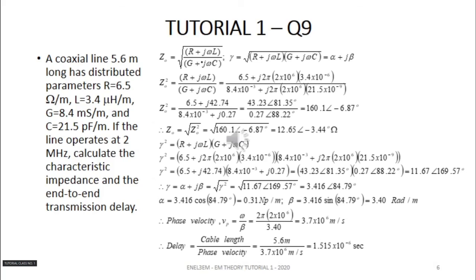And therefore, the end-to-end transmission delay, the delay experienced by the signal as it travels over this cable of 5.6 meters, is simply given by the length of the cable divided by the phase velocity. And that gives us a delay of 1.515 times 10 to the minus 6 seconds, or 1.515 microseconds.